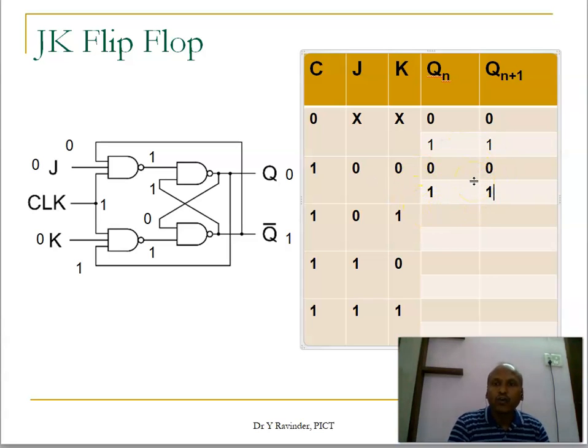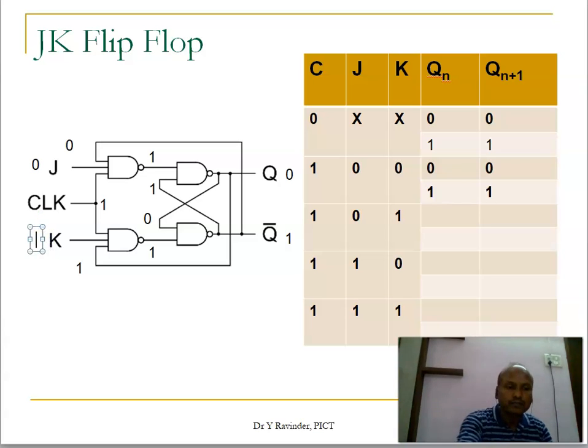Okay, now when this is 1, now this is 0, this is 1. Now I am making this 0. When this is 0, irrespective of the others, this will be 1.